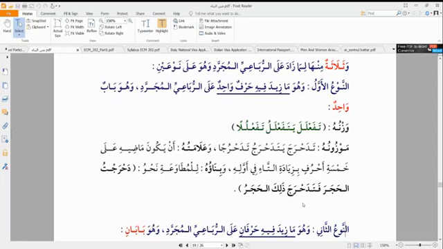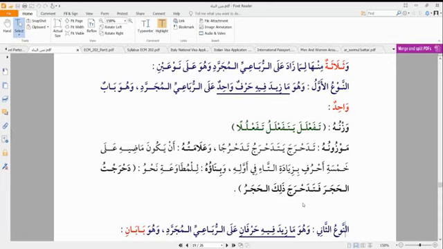The first type is the one that has one additional letter. When we add one additional harf to a ruba'i, it becomes a khumasi. And we have only one shape under this type, and that is tafa'lala.